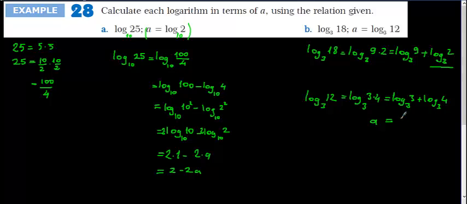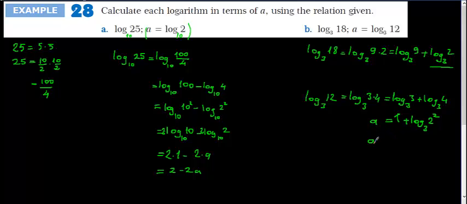Logarithm base 3 of 3 is equal to 1, and plus logarithm base 3 of 2 square.